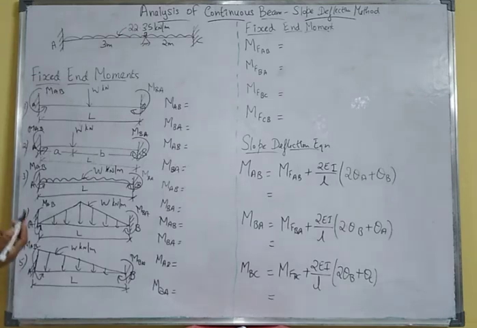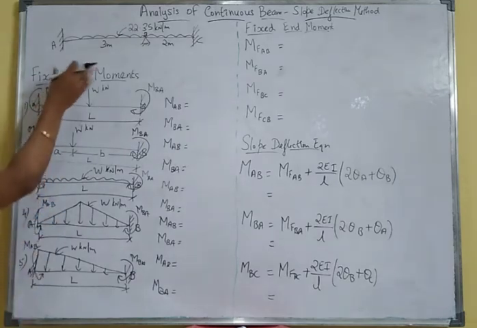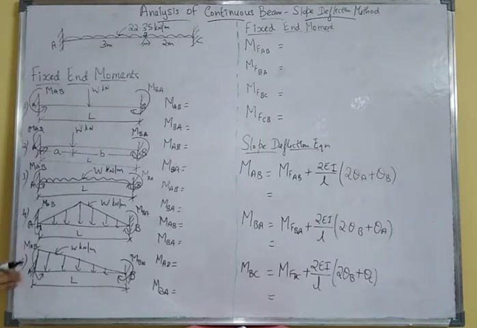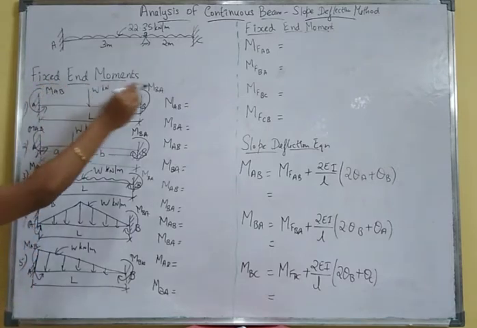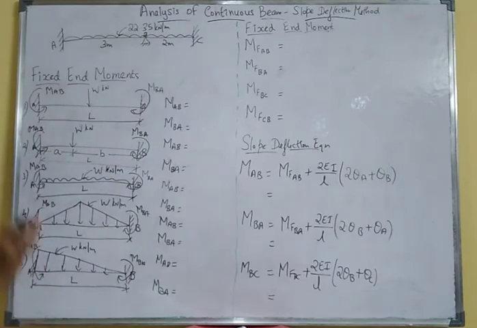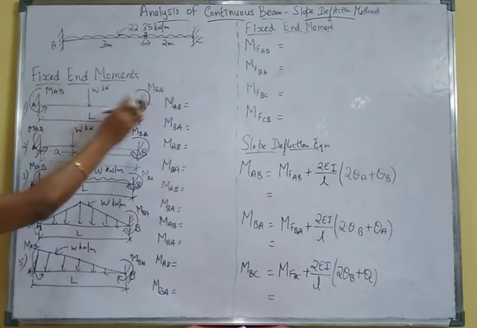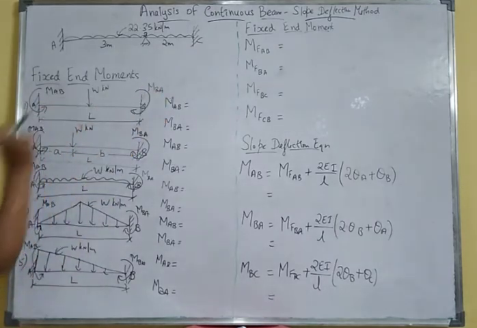What might be the fixed end moments? These fixed end moments are usually calculated based on the deformation method. I am not going to take that thoroughly, I'll just give you the direct moments that you have to consider while solving the problem.